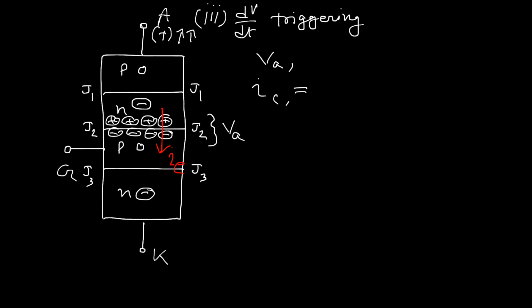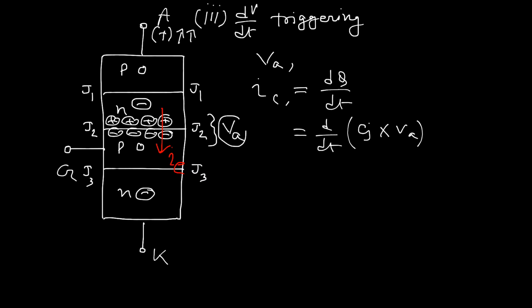we can write as dQ/dt, where Q is the charge accumulated across junction J2, which is d/dt of Cj times VA. That is the voltage appearing across junction J2 and the junction capacitance of J2, Cj. After differentiation we get Cj times dVA/dt plus VA times dCj/dt.